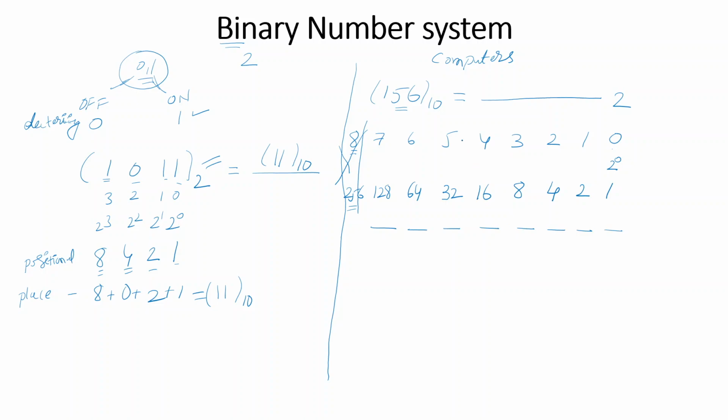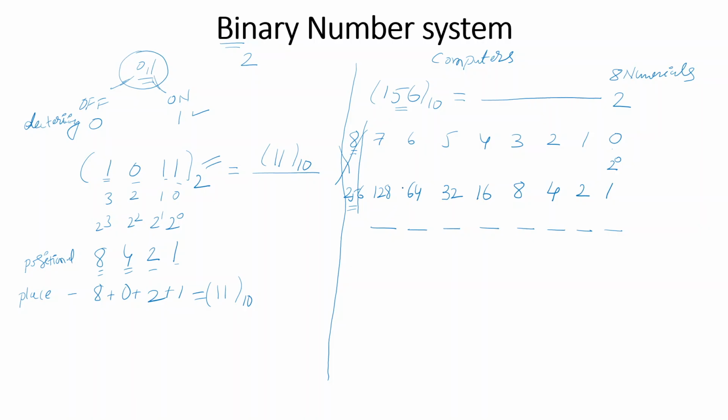Now before conversion, I can say this number will have 8 numerals. So what is the length of this number 156 in the binary system? Definitely it will come to 8 places, because the 9th place, 256, is greater than 156.